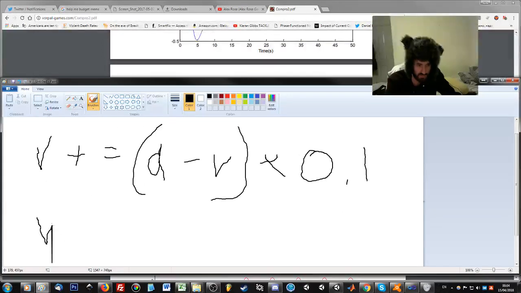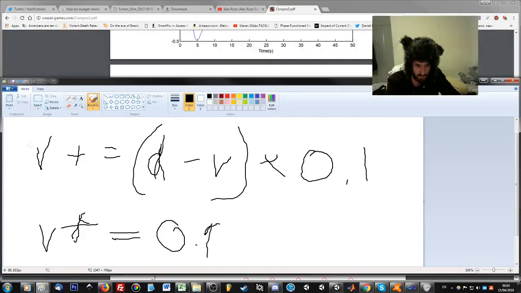Right, and then what you do is you do velocity times equals 0.9, right, and then it's damped so it won't overshoot. So now if you want your velocity to go to D, then every frame you set V plus equals D minus V times 0.1.